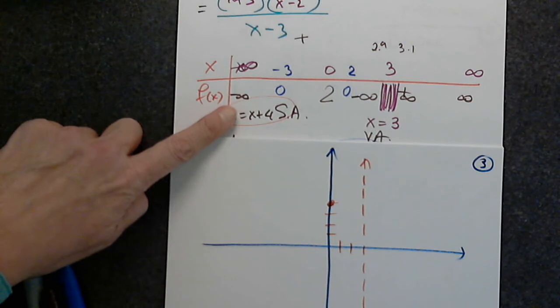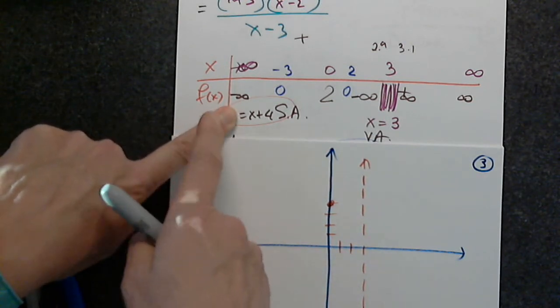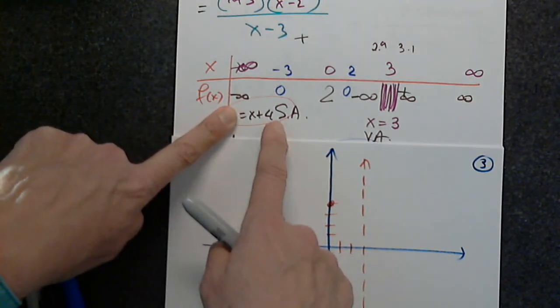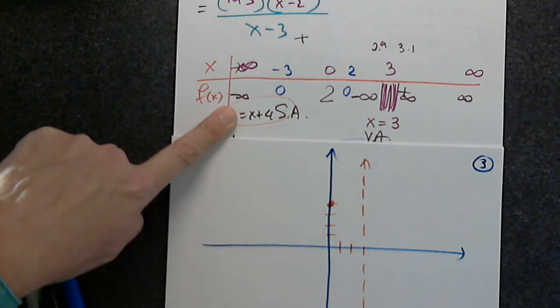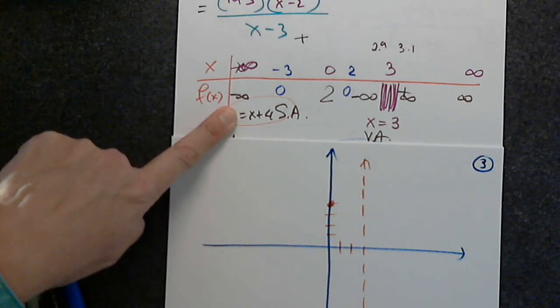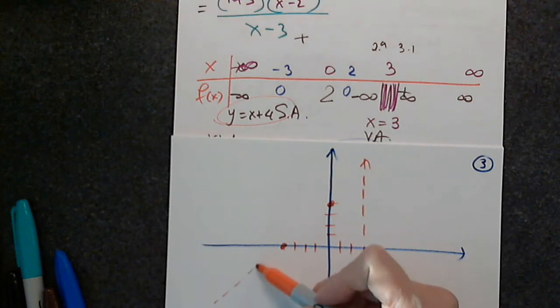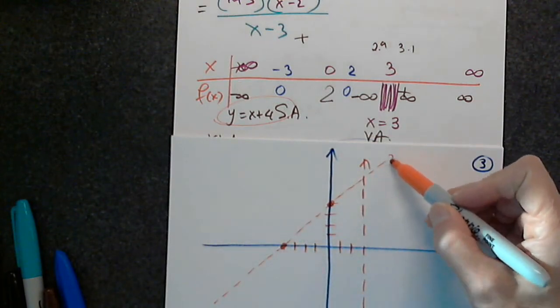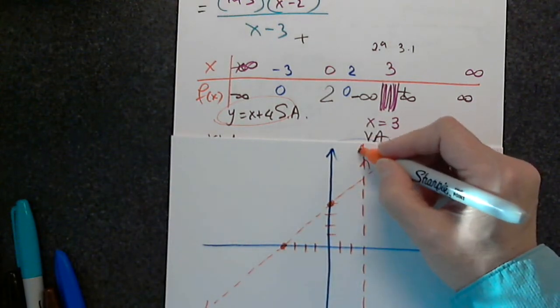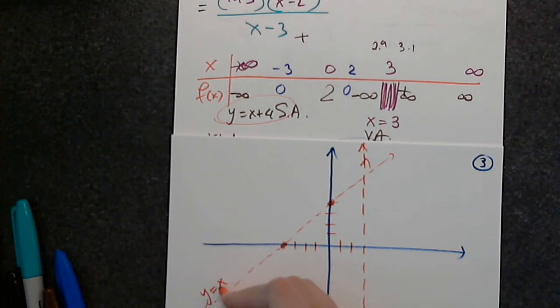When y is 0, x is what? Perfect. So now this is the slant asymptote, y equals x plus 4.